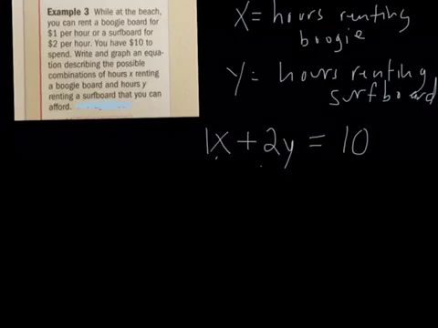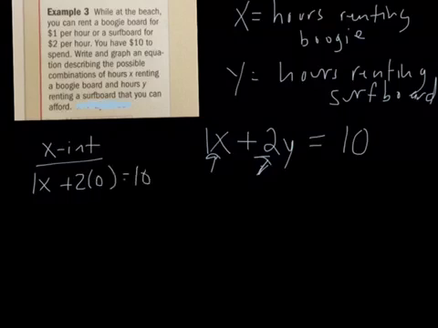So when we graph this line, that'll give us the possible combinations of how many hours on the boogie board and how many hours on the surfboard we could get for $10. One way we could graph this equation is using our intercepts. To find the x-intercept, I have 1x plus 2 times 0 equals 10.